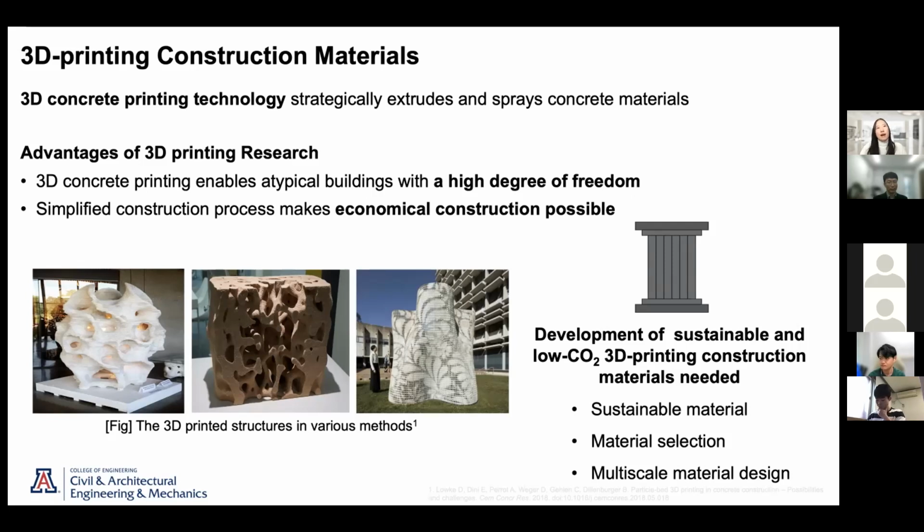And the simplified construction process makes economical construction possible. The production of structures and non-structures through 3D concrete printing can also contribute to the reduction of carbon dioxide emissions through the development of sustainable, low-CO2 3D printing construction materials.